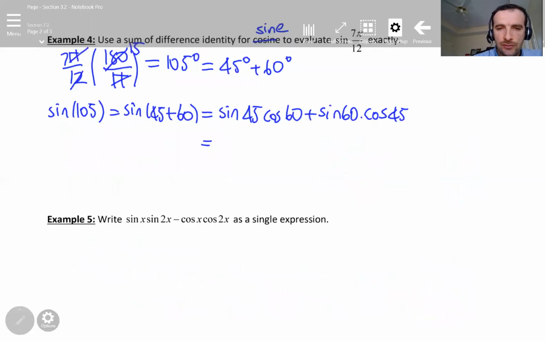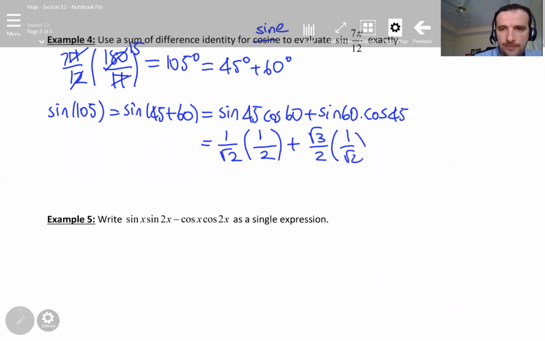Okay, so sine 45 is 1 over root 2. Cosine 60 is 1 over 2. Plus sine 60 is root 3 over 2. And cosine 45 is 1 over root 2.